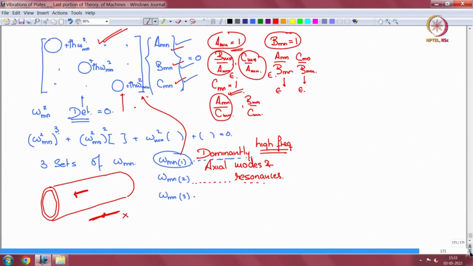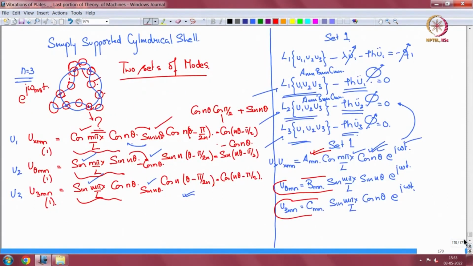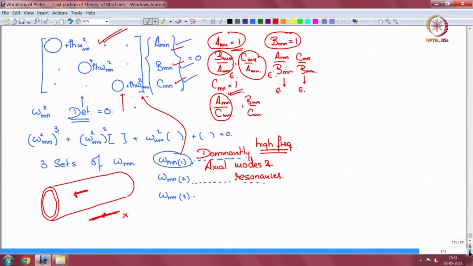What that would mean is that Bmn is dominant, Amn is small and Cmn is small. So this set of natural frequencies describes dominantly torsional motion. These describe dominantly torsion. They are also high but next to the axial. They are also higher frequencies.